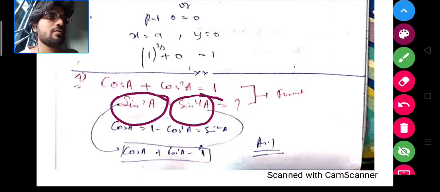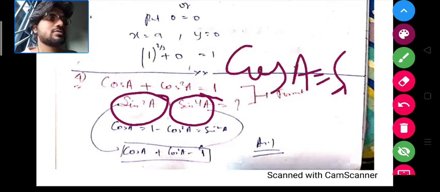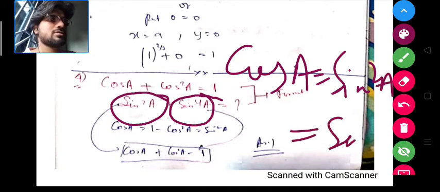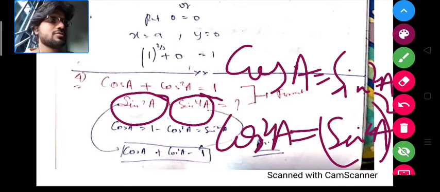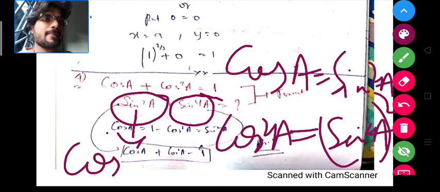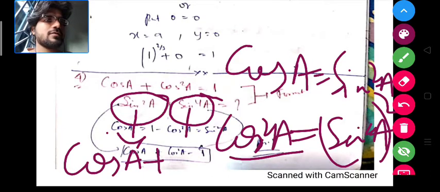If cos a is equal to sine square a, then sine square a whole square is equal to cos square a. So you can put cos a in place of sine square a, and cos square a in place of sine 4a.